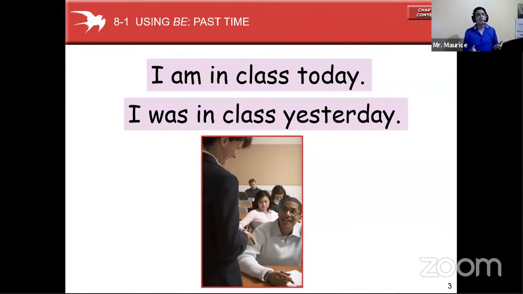In sentence number 1, I am. In sentence number 2, I was. As I said, it's time to study the verb to be in past. Well, guys, you already know that the verb to be in present has 3 options, remember?